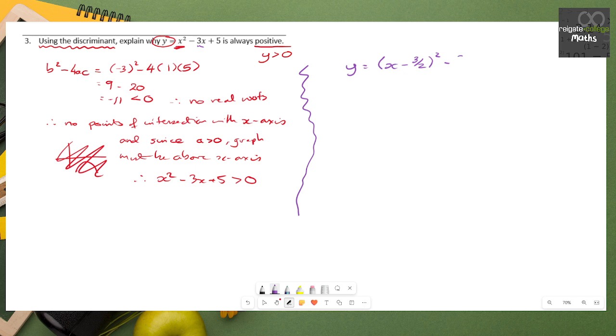And this is why fractions tend to be more useful than decimals, because 3 over 2 squared, being 9 over 4, is easier than trying to do 1.5 squared. Five is 20 over 4, it's 20 minus 9 is 11. So we've completed the square here.